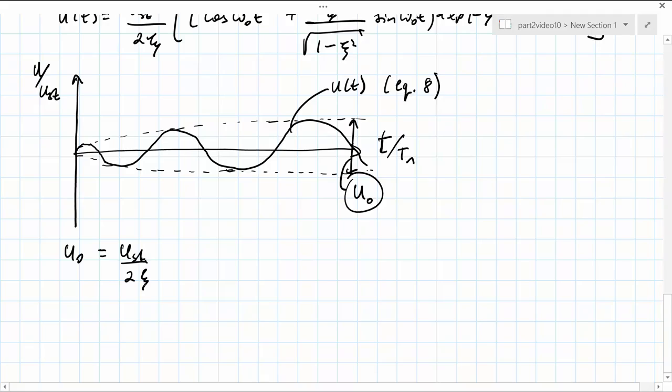For lightly damped systems, the sine term in equation 8 is small, and the damped natural frequency equals the natural frequency of the structure.